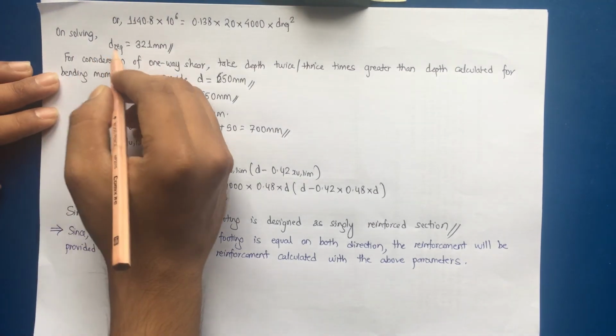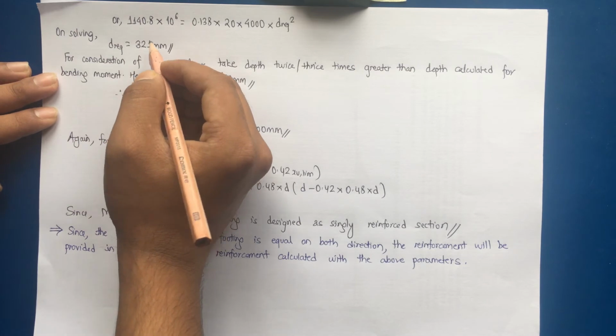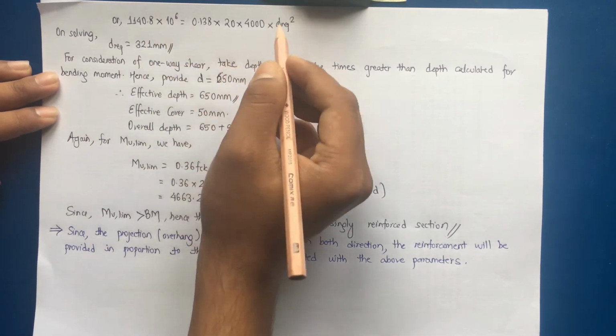On solving, we get the value of depth required as 321 mm. I hope you know how to solve this kind of equation in the calculator.